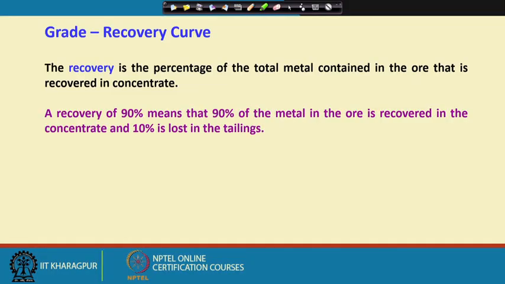Suppose this is my spectacle box and I want to separate out this white part from this entire assembly. Now, if I just move this material from here to there, the recovery is 100%, because how much was available there?